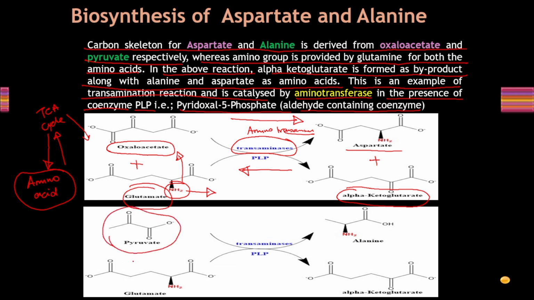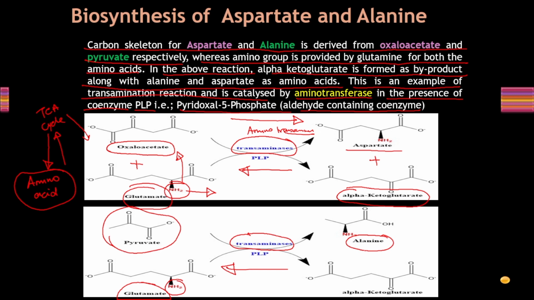So in this case, you have the pyruvate and the glutamate, and the amino group is going to be transferred onto the pyruvate, and it is going to synthesize alanine and alpha-ketoglutarate. This reaction is also catalyzed by transaminases, and this also has the same kind of significance. When you have a shortage of sugar, this reaction is going to run in this direction, or if there is a shortage of glutamate, it is going to run in this direction.